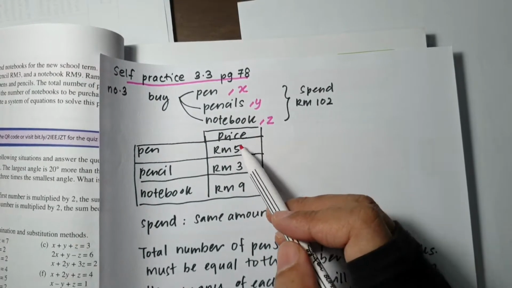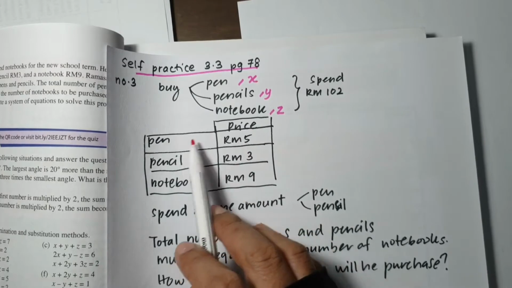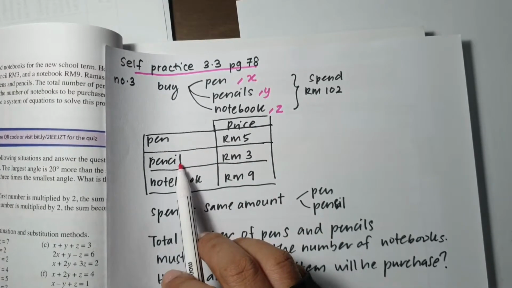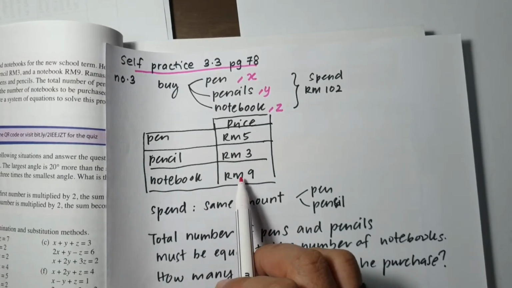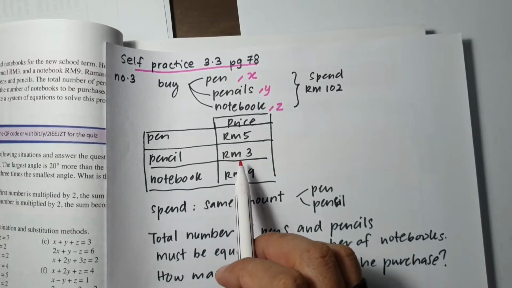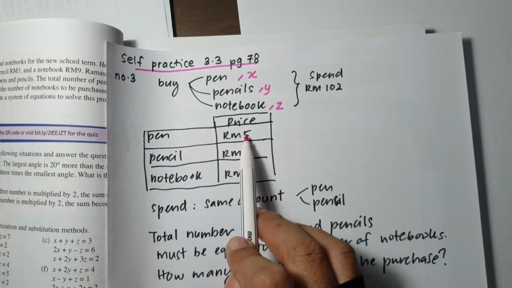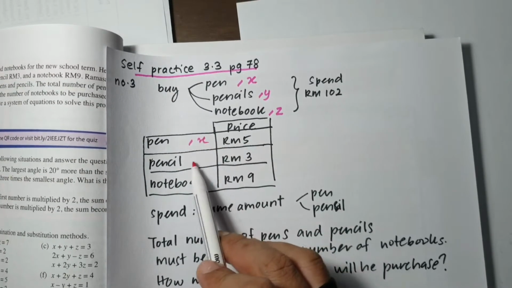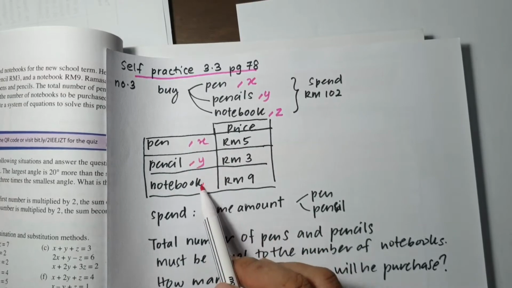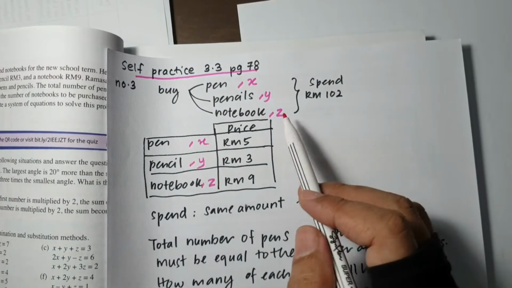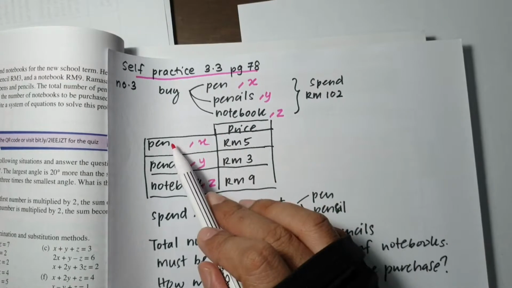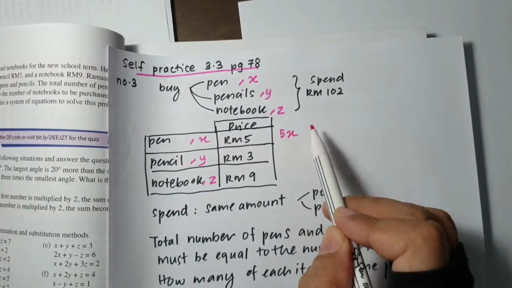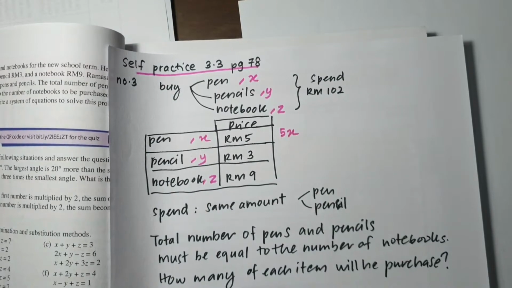So macam mana kita nak dapatkan berapa yang dia belanja untuk pen, pensel, notebook? Mestilah kita ambil untuk pen satu berapa ringgit darab dengan bilangan dia. Begitulah juga dengan pensel dan notebook. For pen, RM5 times the number of pen yang dia beli.